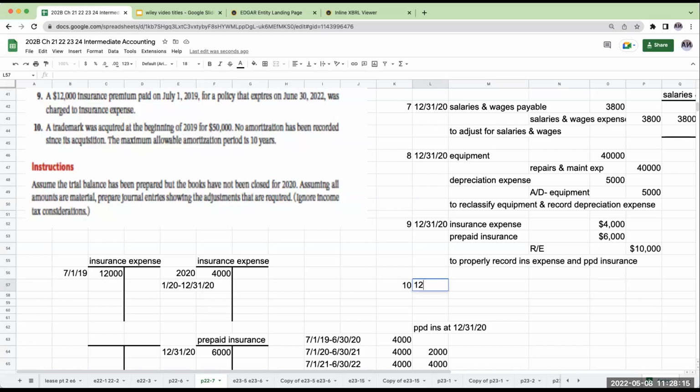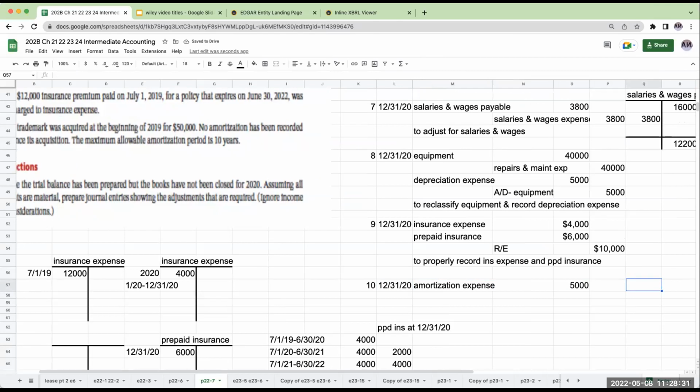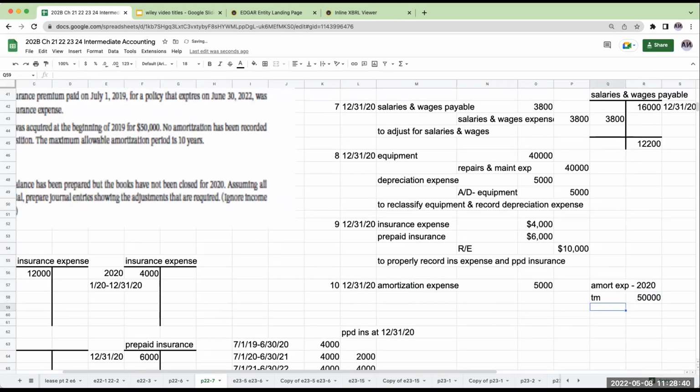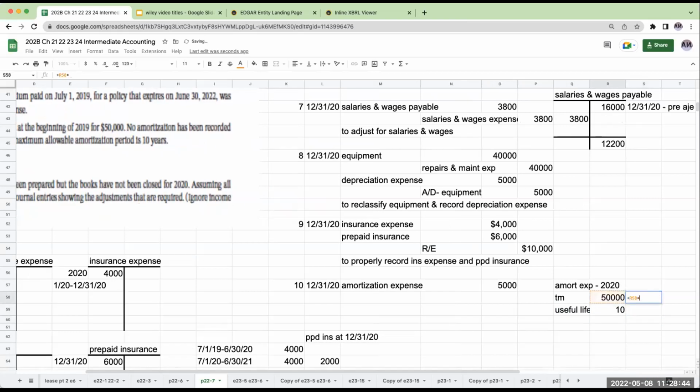When I'm going through and doing this as of 12/31/20, I know that I'm going to have to take amortization expense of 50,000 divided by 10. And this is going to be amortization expense for 2020, or the trademark cost over the useful life, which gives me 5,000 per year.